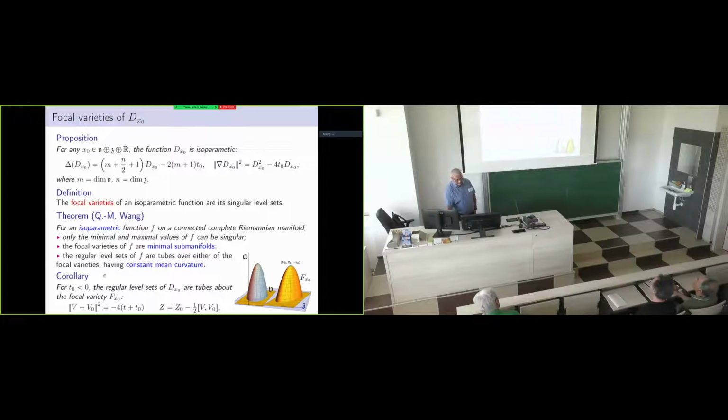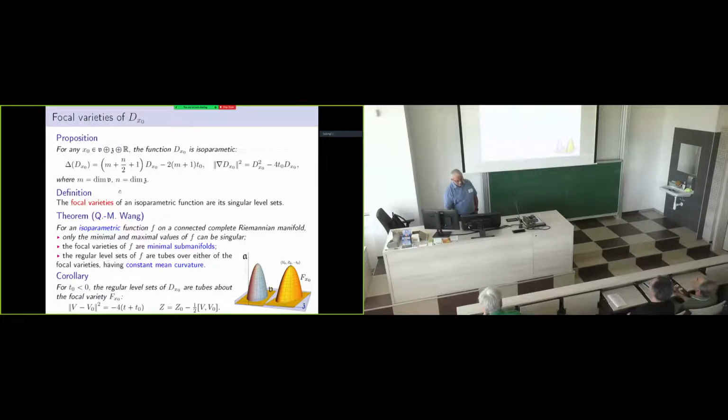And it is also known that if you take any of the focal varieties corresponding to these minimum or maximum values, then all the regular level sets will be tubes around the focal varieties. And the focal varieties are known to be minimal submanifolds. And of course, all the other level sets will have constant mean curvature.